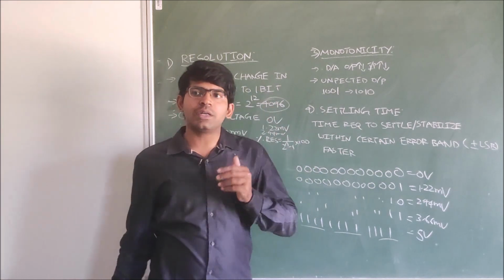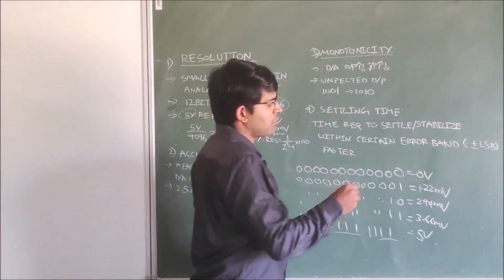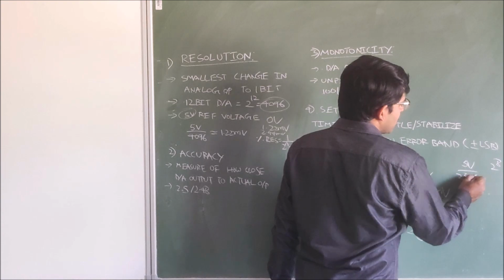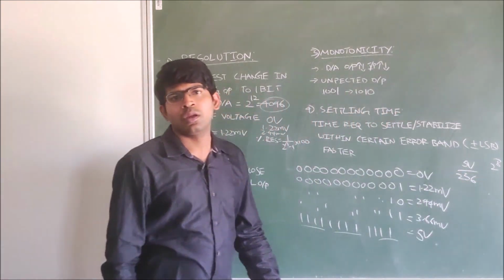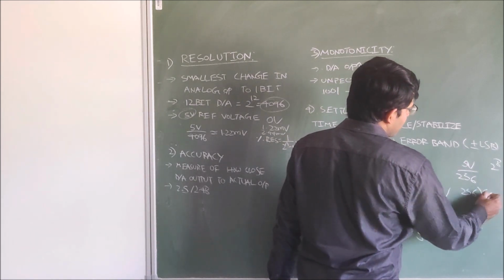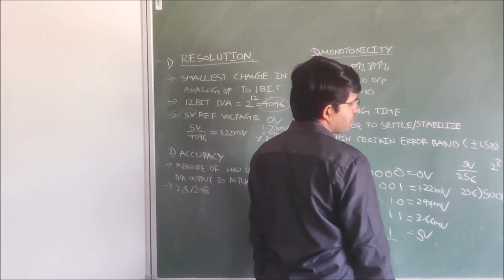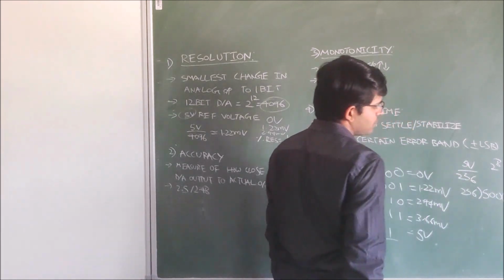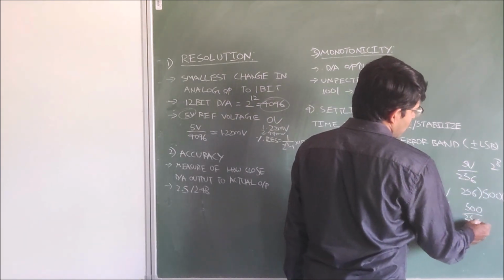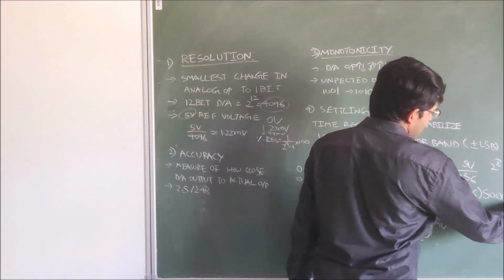If I use an 8-bit converter, it is 5 volts by 2 to the power 8, which is nothing but 256. So 5 by 256, which is nothing but 500 by 256 into 10 to the power minus 2.